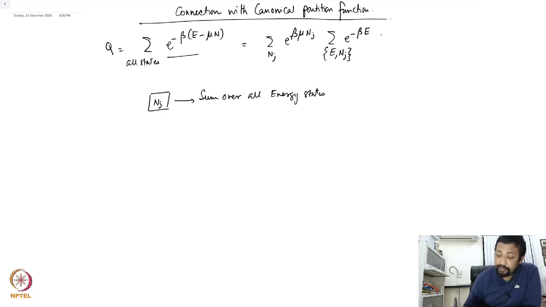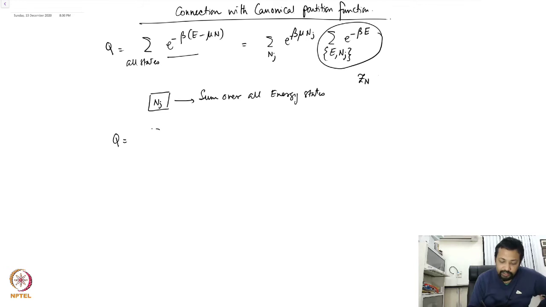But this quantity is very familiar to us, and it is nothing but the canonical partition function. We will say Z of V comma n, so we'll simply denote this by Zn. So you see, we have come up with a very nice thing, that this is the sum of e to the power beta mu n times Zn.